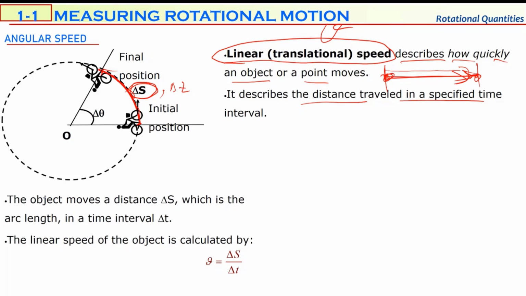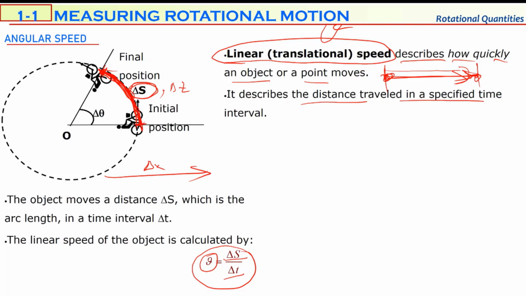Remember, you wrote delta x, but delta x was only for an object moving in a straight line. If it is moving on a circular path, you say this is delta s, because the length of the path is delta s, which is distance. You divide distance by time, and you calculated speed v in the 11th grade.